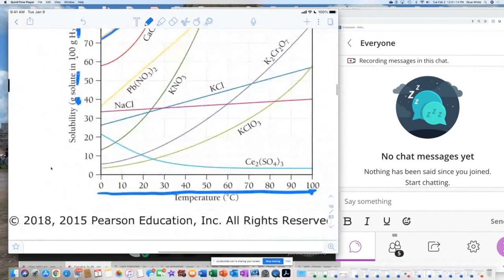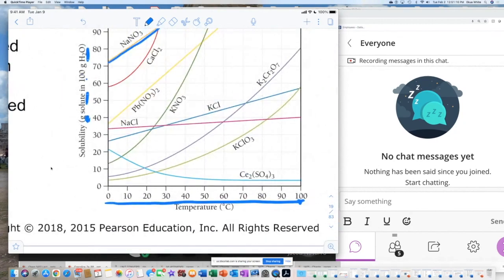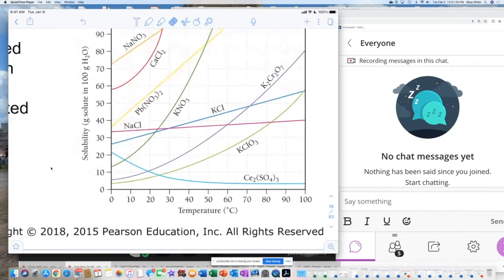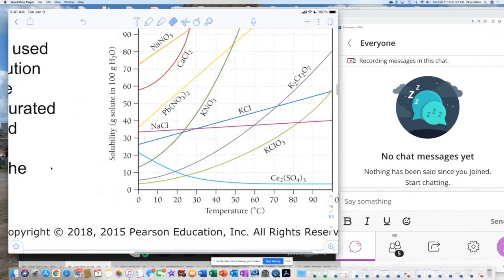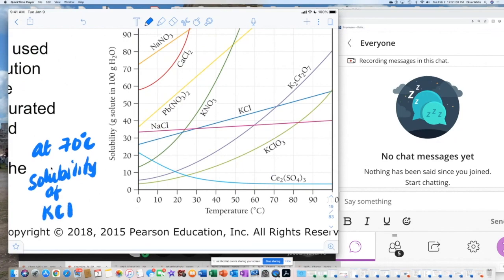So let me ask you some questions because you want to know how to read this graph. It's an important part of the learning outcomes. Okay, so I'll ask you, for temperature at 70 degrees Celsius, what's the solubility of KClO3?